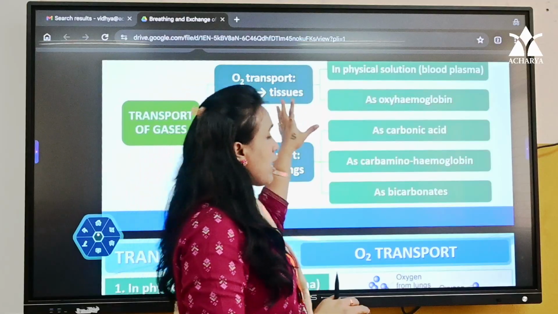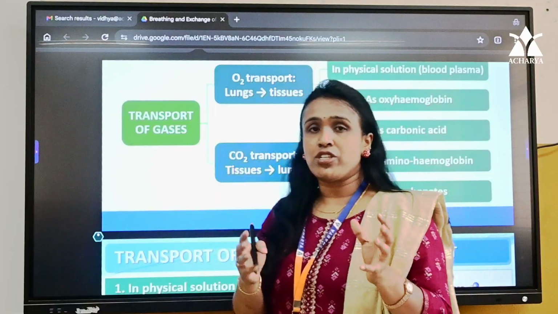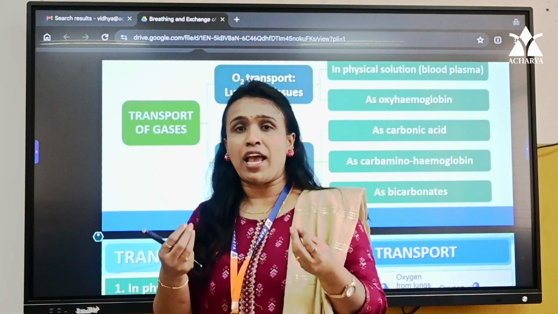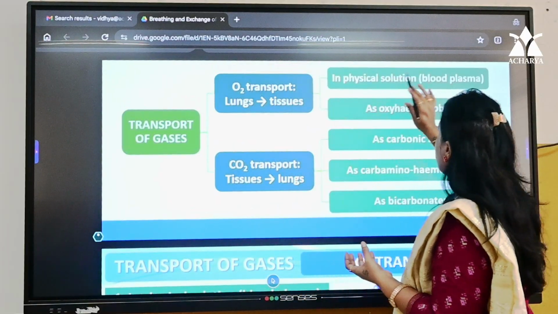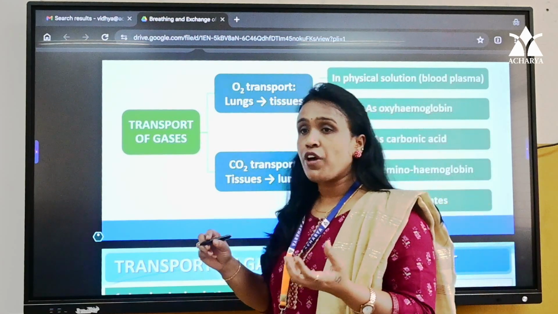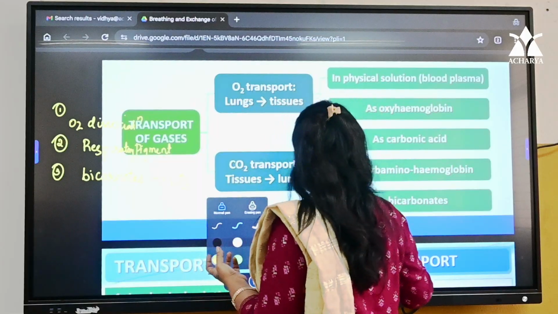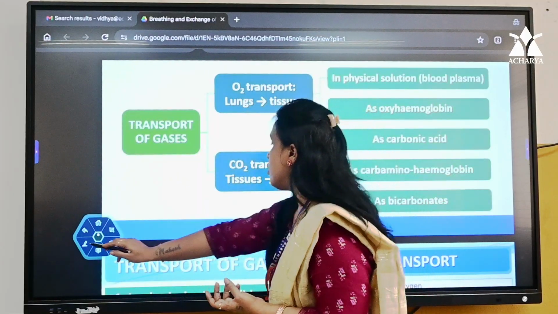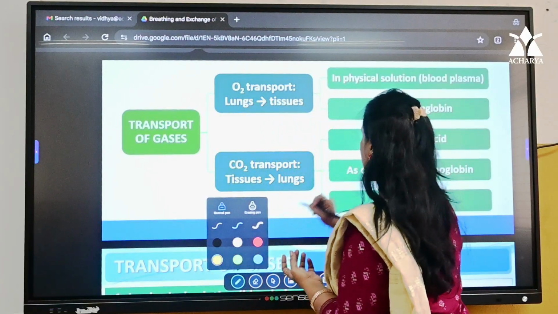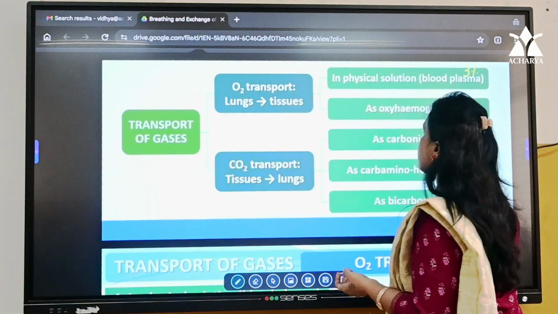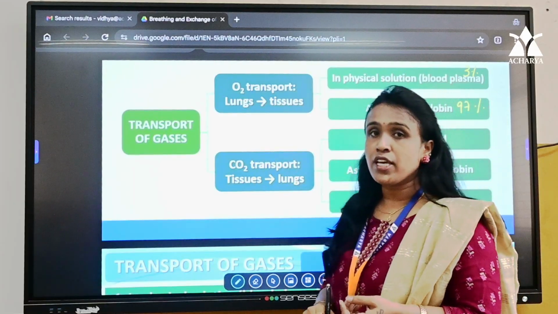So for the transportation of gases, at the very first, if you look at oxygen, it is the lungs in which there is a structural and functional unit called alveoli, which are millions in number, and in physical solution, that is blood plasma, only about 3% of oxygen is getting transported, and 97% of oxygen is transported as oxyhemoglobin.